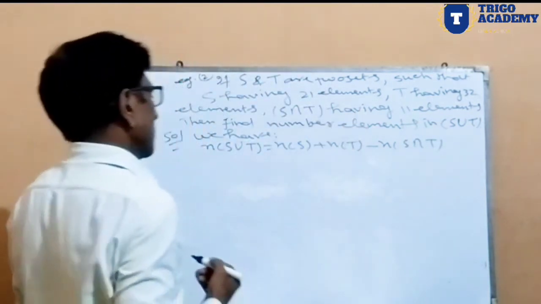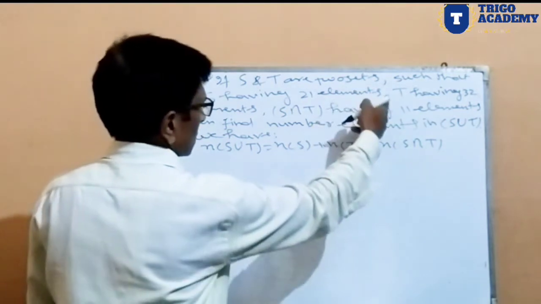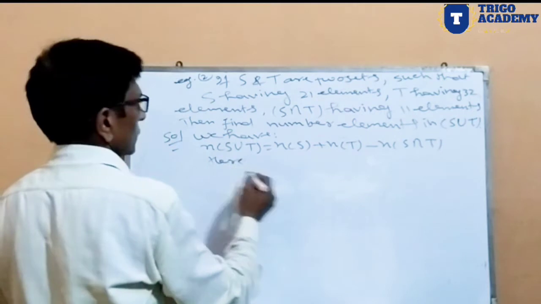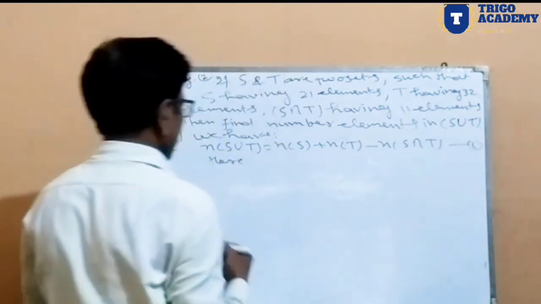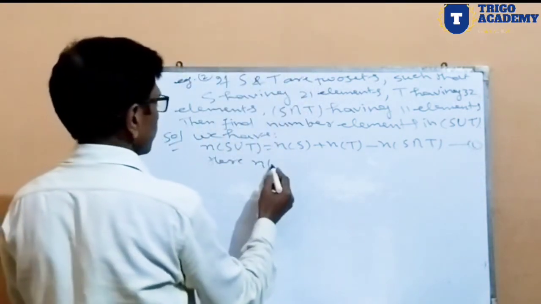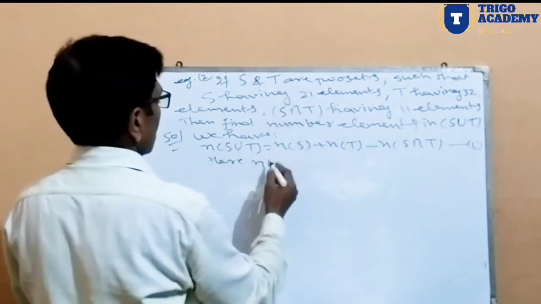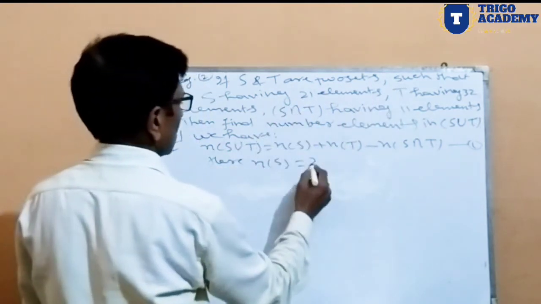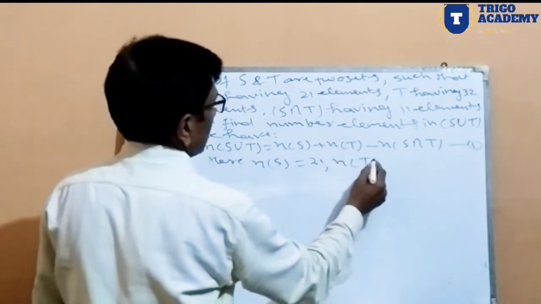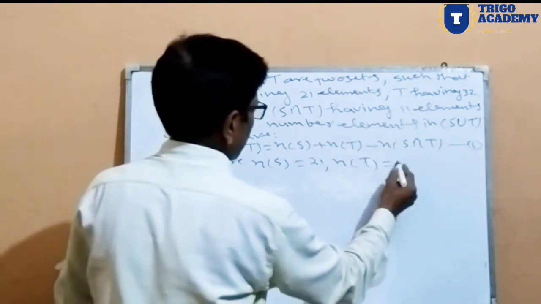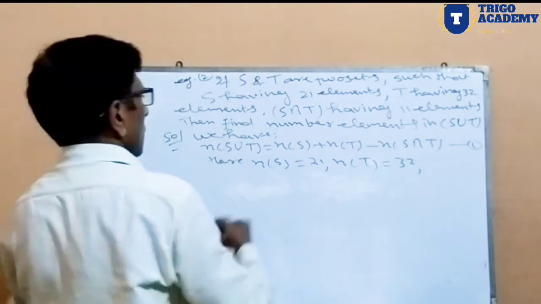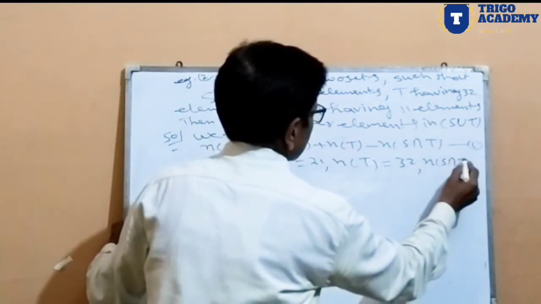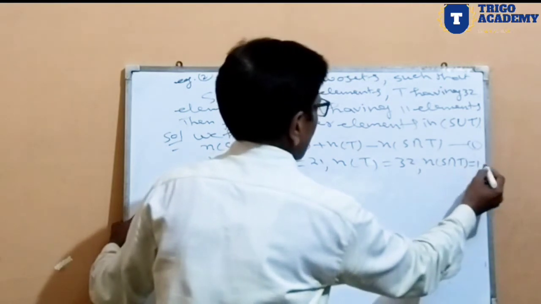Now put the values from the question. Here n(S) equal to 21, n(T) equal to 32 and n(S intersection T) equal to 11.